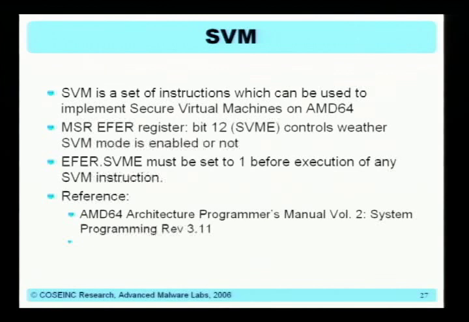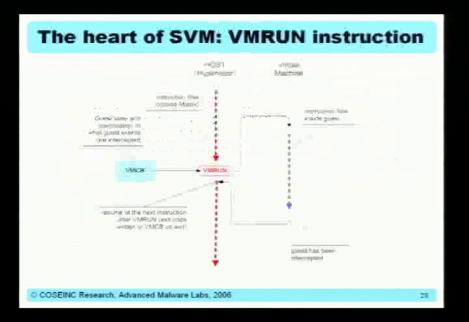It doesn't mean that once we enable this bit, we become the hypervisor. It just means that the SVM instructions are available to the processor. You can find a detailed reference in the Architecture Programmer's Manual, Volume 2. Okay, so this is how SVM works. This is the official explanation of SVM.